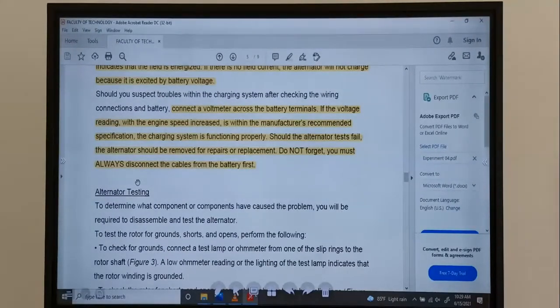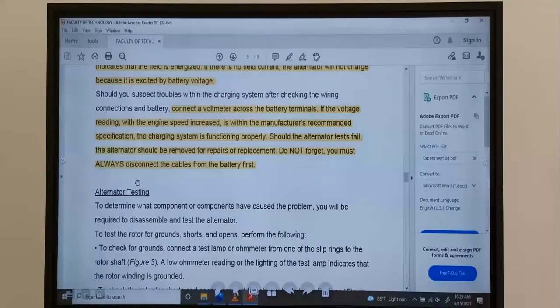The next thing, connect a voltmeter across the battery terminals. The voltage increases with engine speed. We have to check the manufacturer's recommended specification of the voltage.